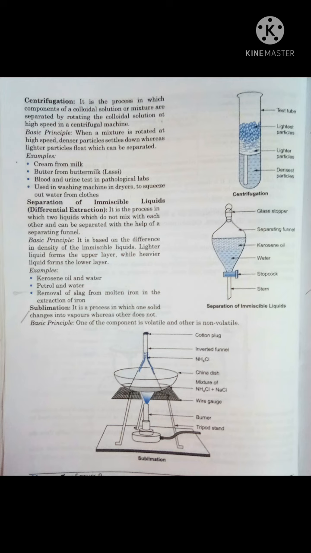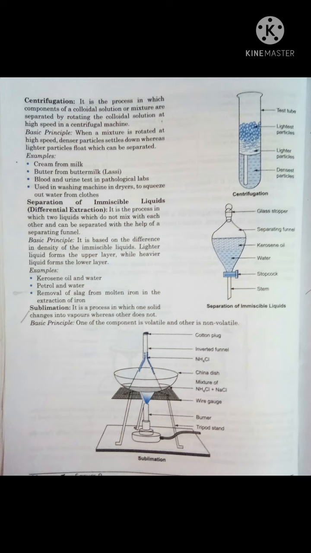Sublimation is the next. It is a process in which one solid changes into vapor whereas the other does not. Basic principle: one of the components is volatile and the other is not. Volatile means it changes state. So you see the picture again. You see one burner, tripod stand, wire gauze, and a china dish is placed over which the funnel is kept.